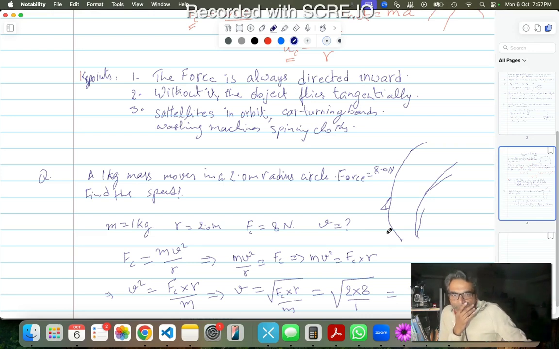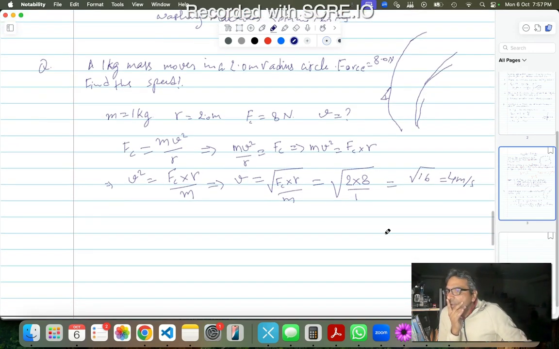Got it? Okay. So that's the simplest one. If you know the formula, what is given, what is asked, and change the subject, you will definitely get the answer. For the circular force, we are mostly using this one.